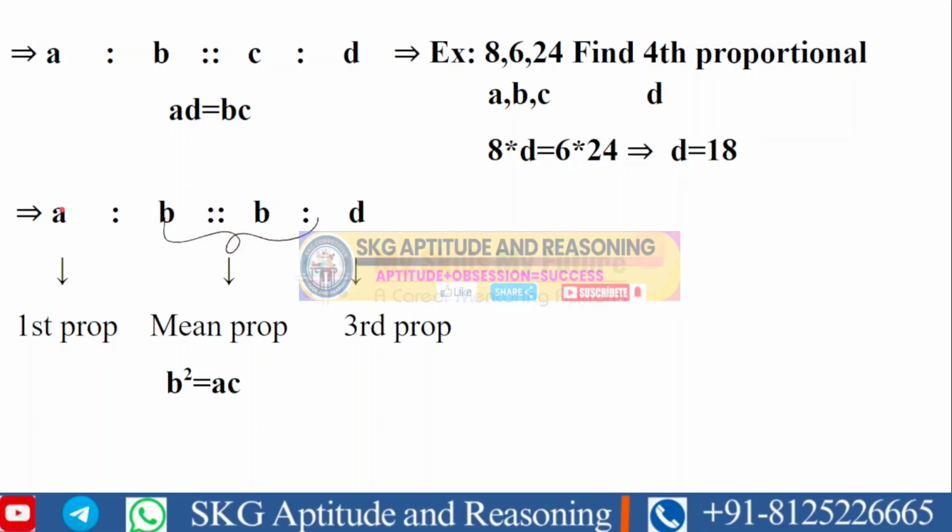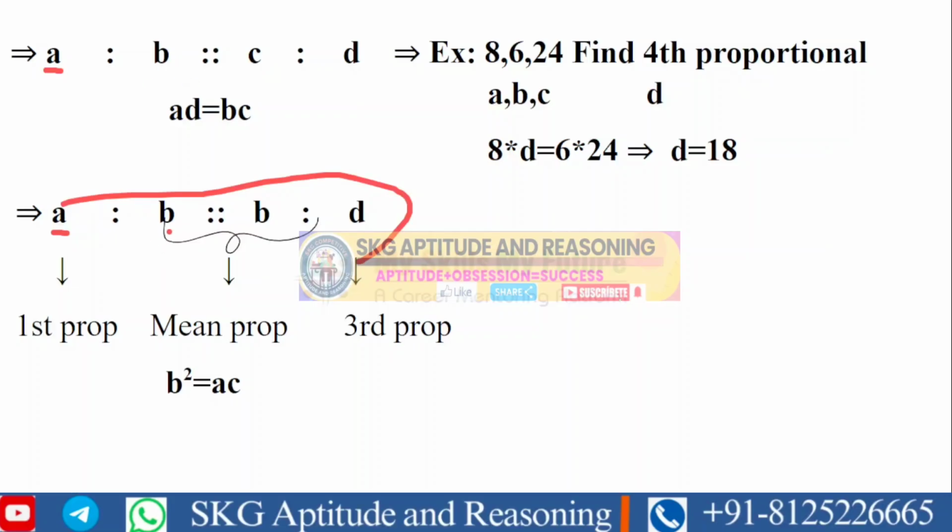Now the terminology will differ here. Suppose the ratios are given like this. A we call the first proportion, the same as before. B, which we called the second proportion in the previous case, and C we call the third proportion.